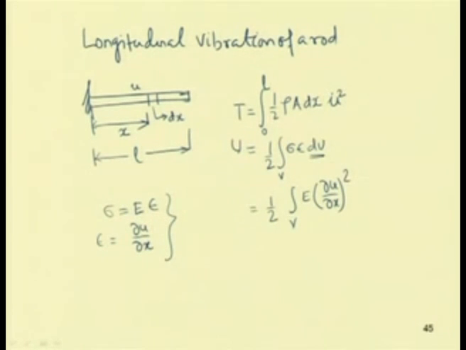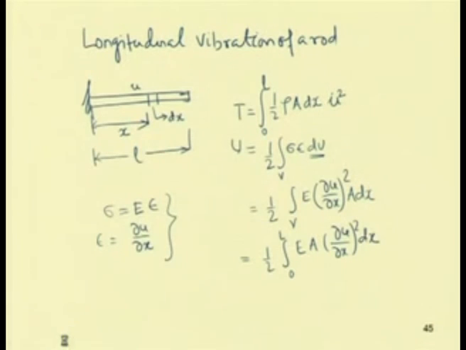Now this dV can be written, if we are considering uniform cross section, as dV equal to A into dx. So, u can be written as half, integral 0 to L of E A del u by del x whole square dx.